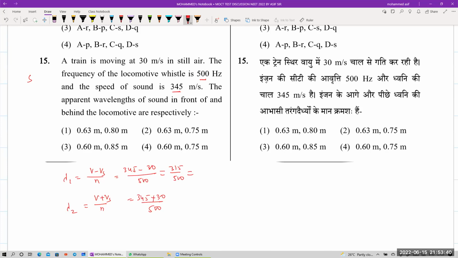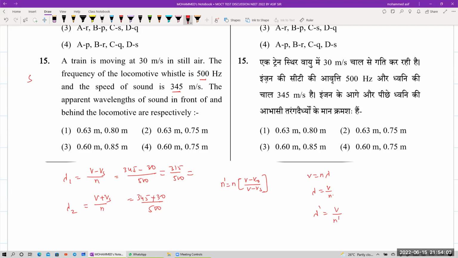डॉपलर इफेक्ट का फॉर्मूला बेटा याद है? डॉपलर इफेक्ट का फॉर्मूला n dash is equals to your n into your V minus V naught divided by V minus Vs. And wavelength का formula V is equals to n into lambda. So lambda is equals to V by your n, isn't it? So lambda dash will be equal to your V divided by your n dash.